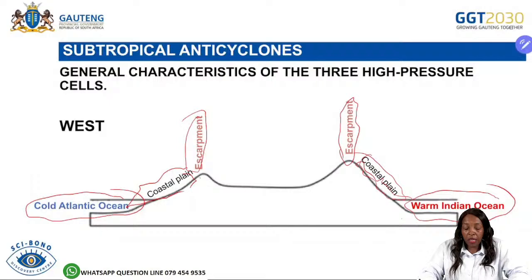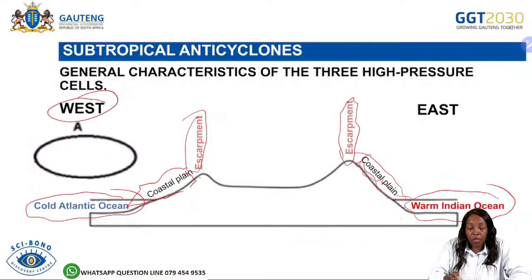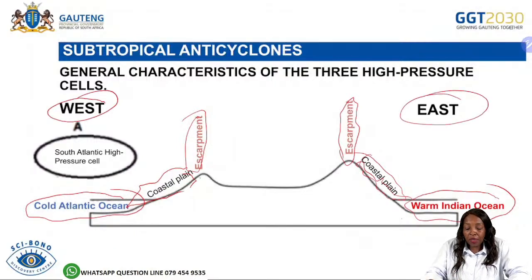And then in the interior of the country, before that, we can identify over the west, what cell can we find there, and also looking at the east, which cell can we identify there. So over the west, we said we can find the South Atlantic high pressure cell. You shouldn't confuse the two.